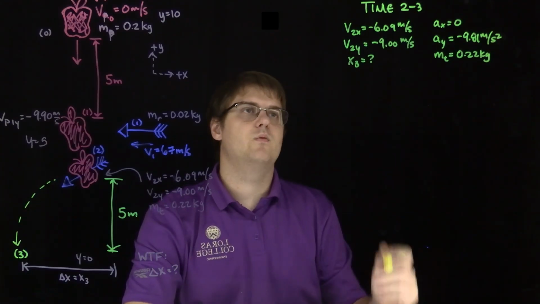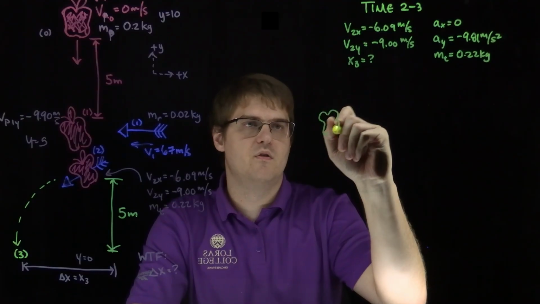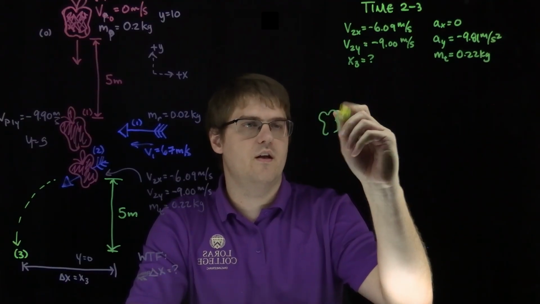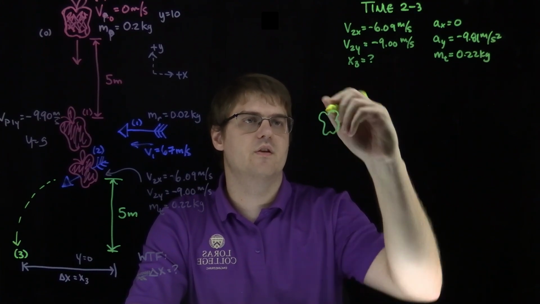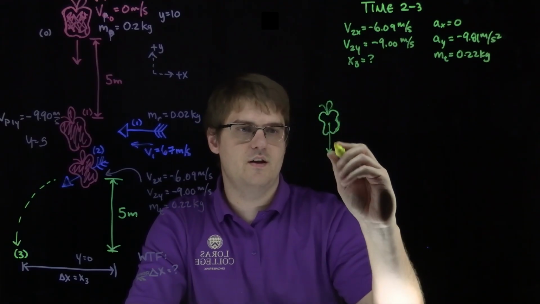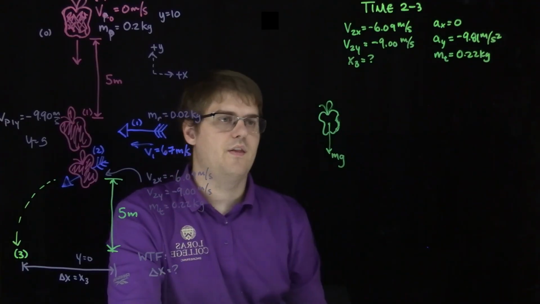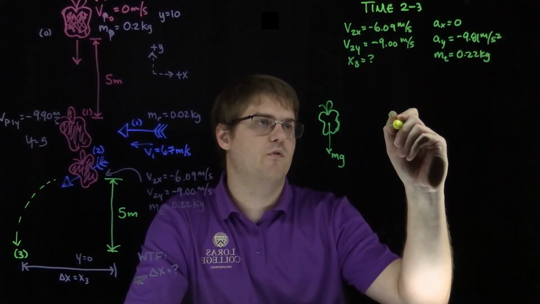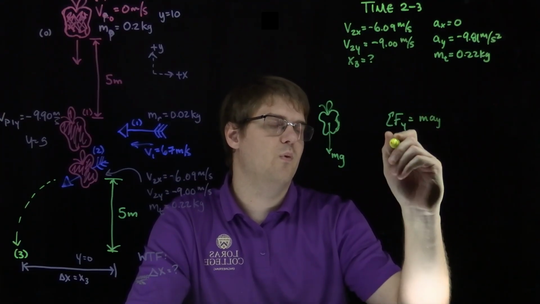In this case, we could say that we have my initial apple. That is, again, not an apple. I think these pens slide differently than I want them to. And if I look at my forces on it, I have mg downwards, and that's just saying sum of my forces in the y is equal to mass times acceleration in the y.